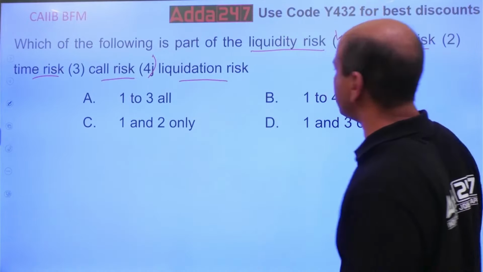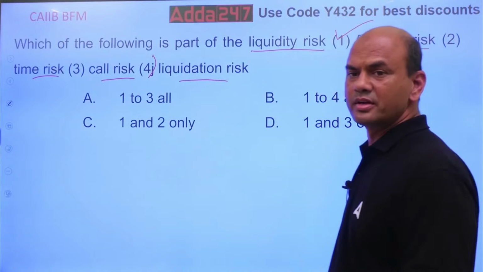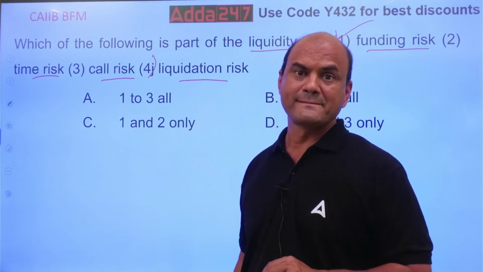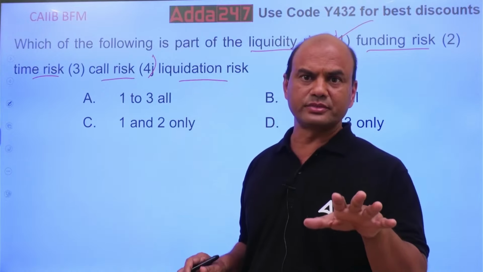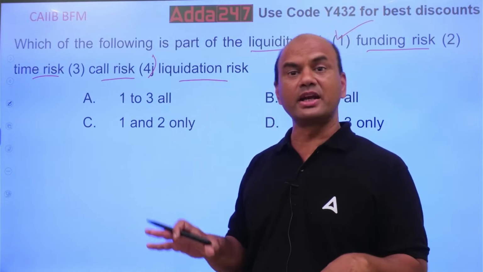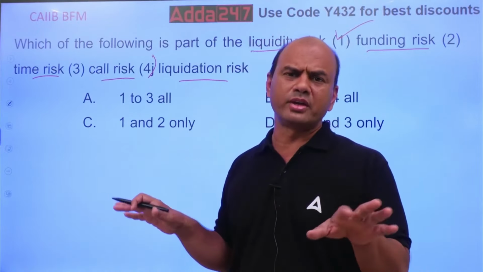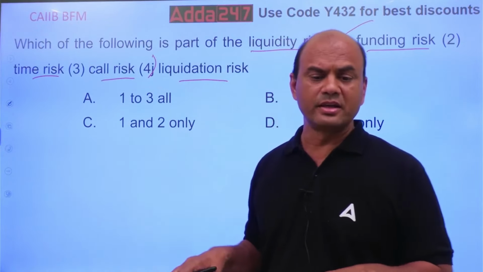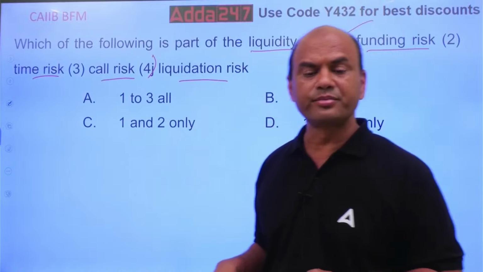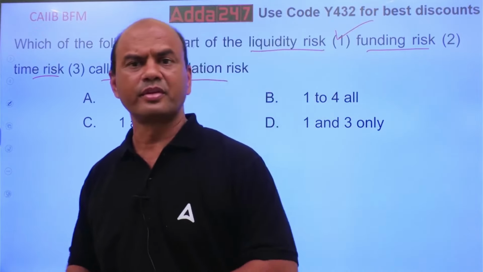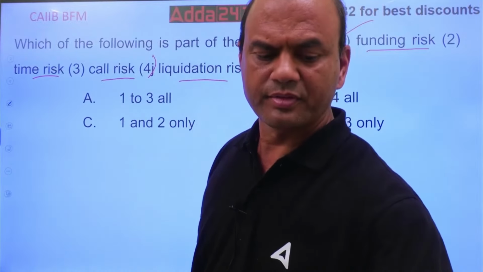What about the second one? Time risk. What is time risk? Time risk means management of time. At the time of my deposit maturing, I must get the enough funds. Okay? If I don't have it, if there's a time mismatch, then definitely the things will be like this.